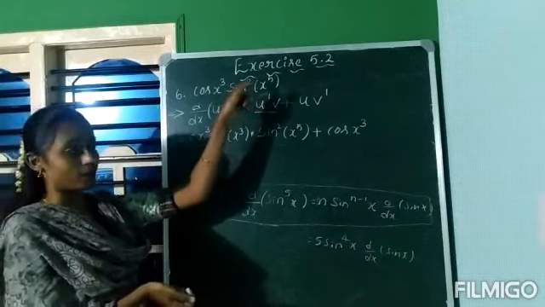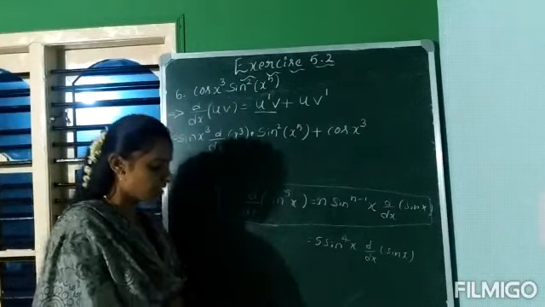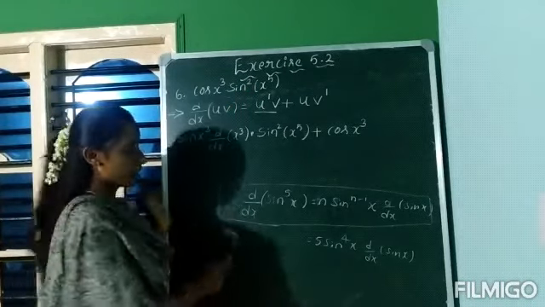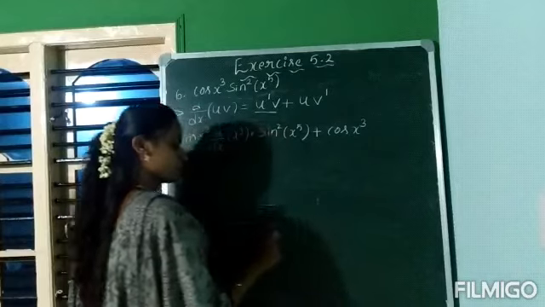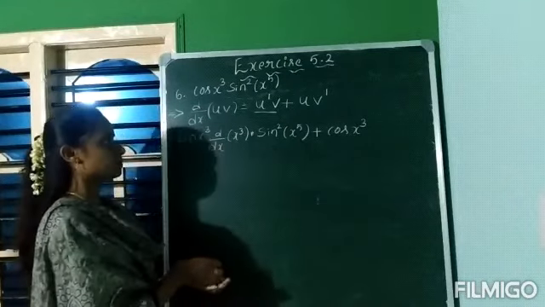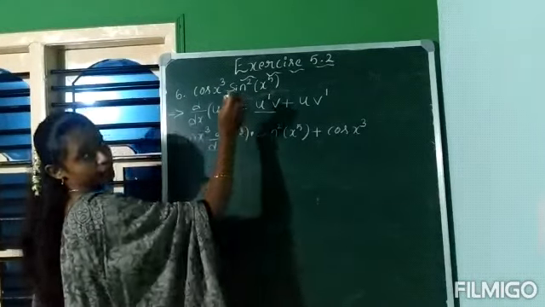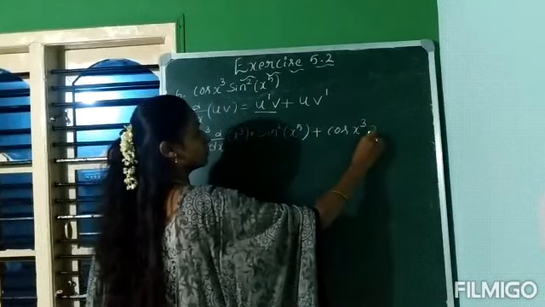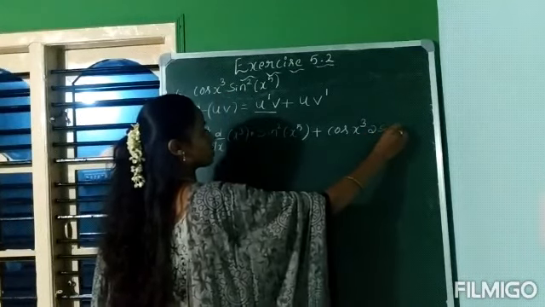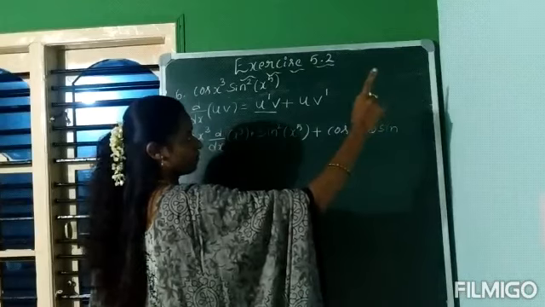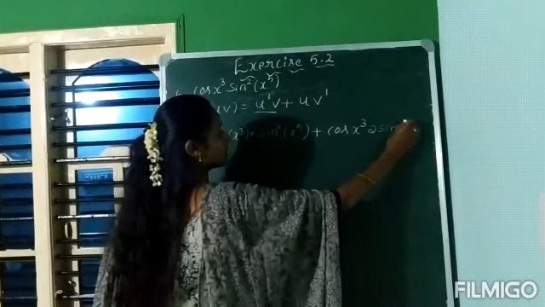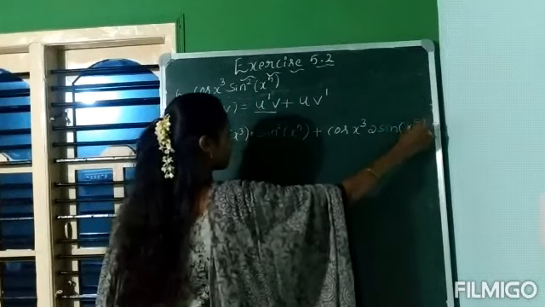So your sine square is there. So I'll differentiate that with the help of this one. The derivative of sine square is 2 into sine, with power 2 minus 1 which is 1, and for this the variable is x power 5.